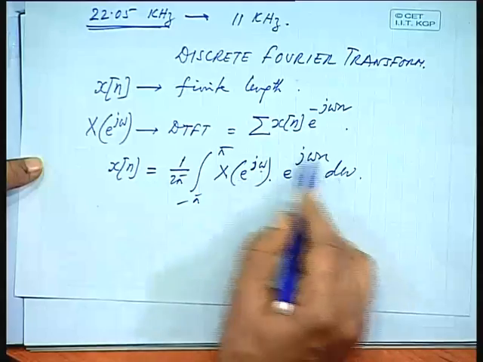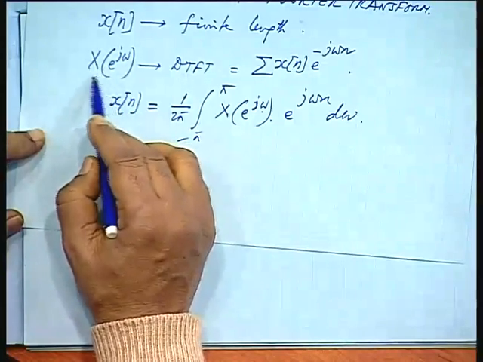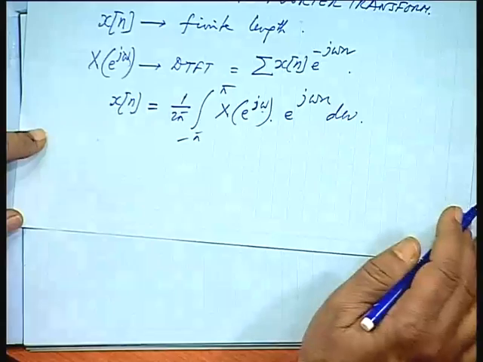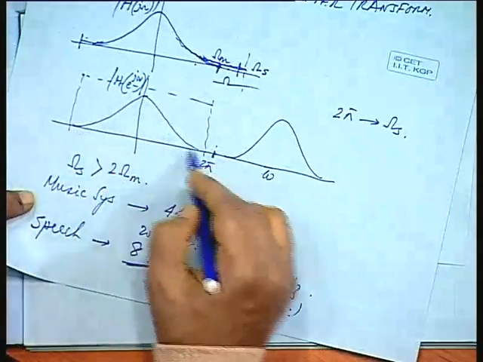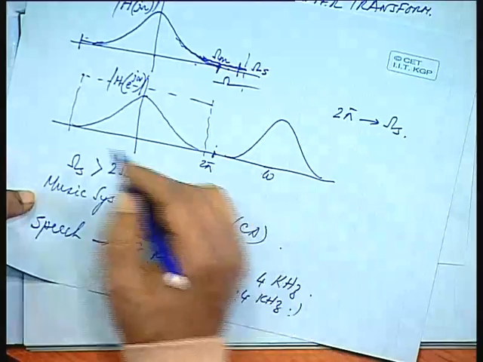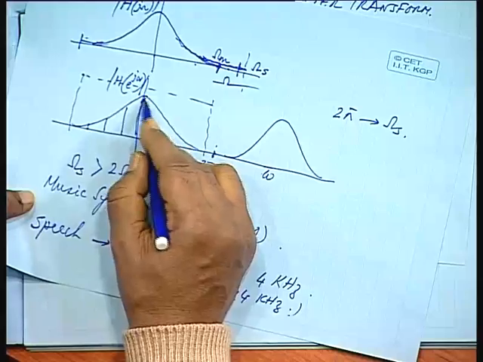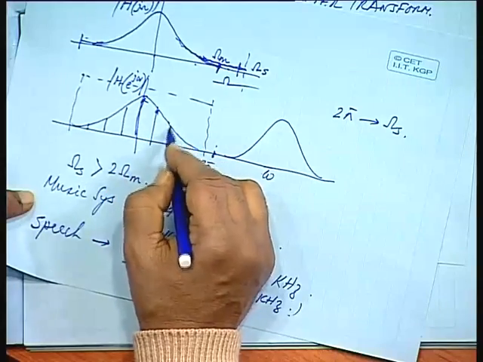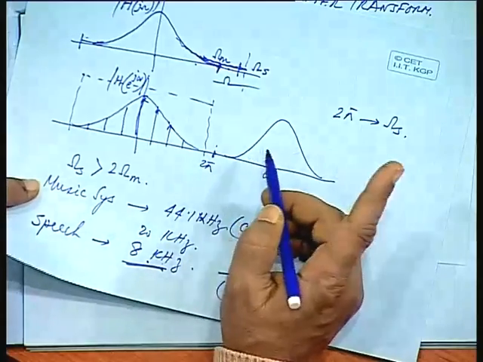Now, instead of computing this from this integral, can we realize this from some discrete values of this frequency domain representation? That is, we shall not take a continuous set of values, but we can take some discrete values of this. Can we compute xn from these discrete lines? If xn is a finite sequence, yes, then it is possible.